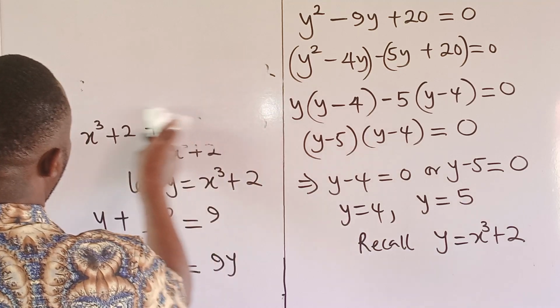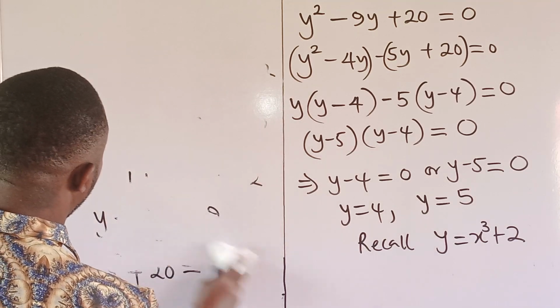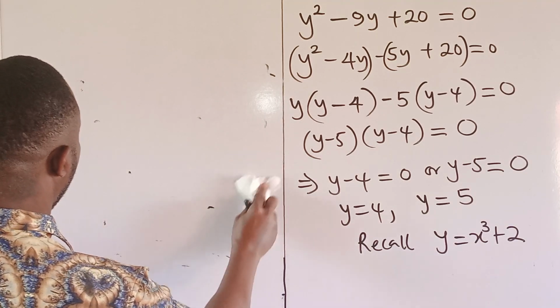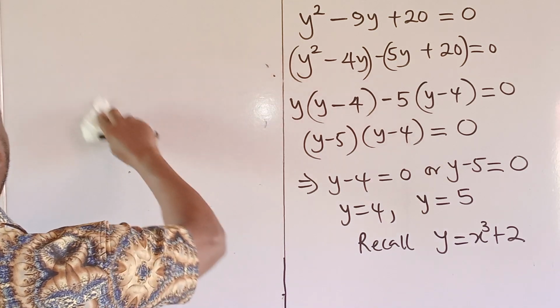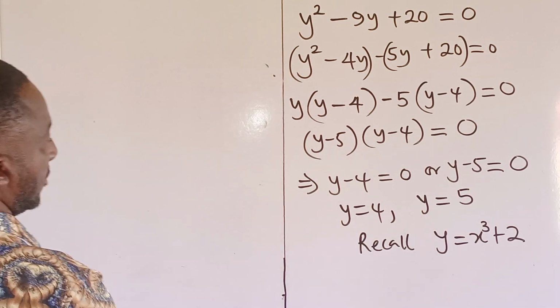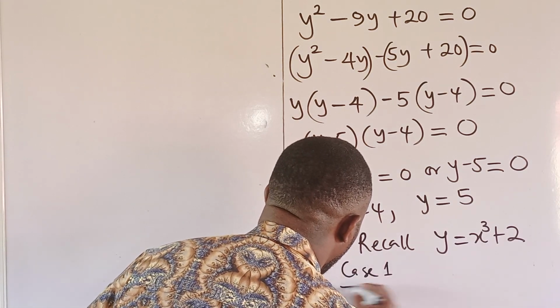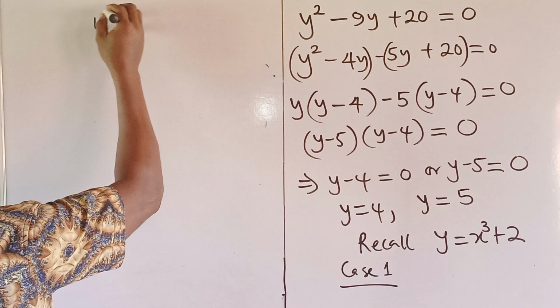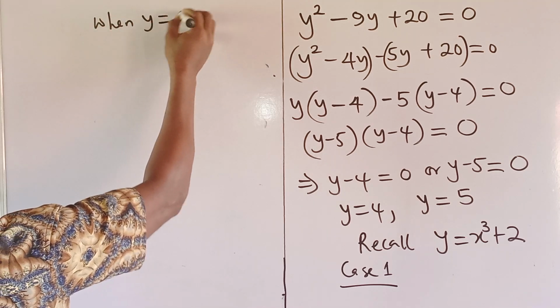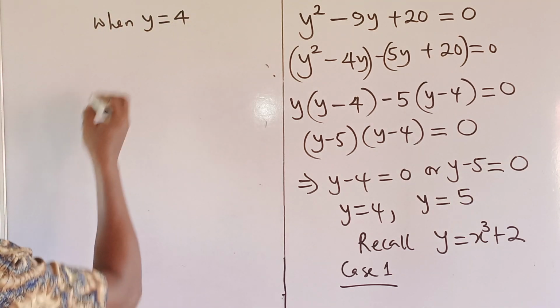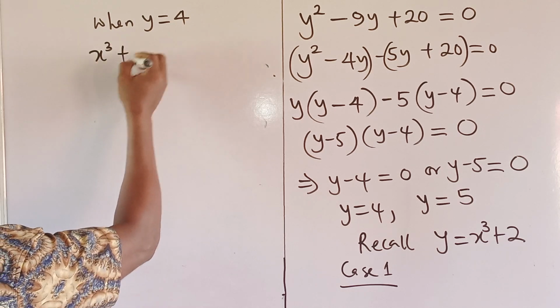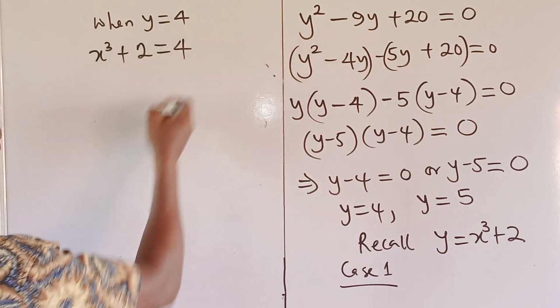We are at the very last lap. So case 1. When y is equal to 4, we shall have s cubed plus 2 equal to 4.